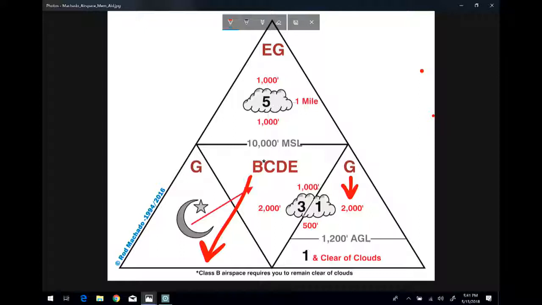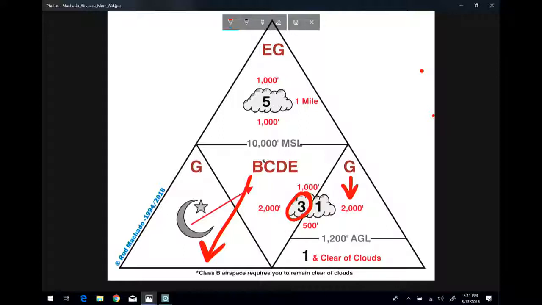So you will have 3 statute miles of visibility in Class Bravo airspace and remain COC, clear of clouds. Okay? So that is Class Bravo airspace, 3 statute miles visibility, clear of clouds.